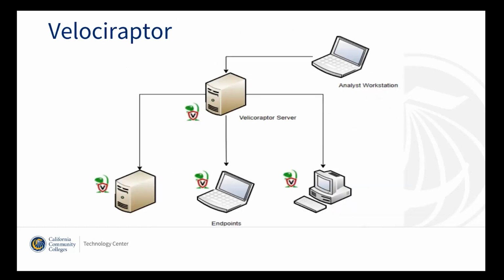So this is how Velociraptor looks. It basically has an agent architecture. The nice thing about Velociraptor is there's one agent, which is both the server and the agent. You configure one of the endpoints as a server, and the other endpoints as agents, and then you can deploy it as an MSI package using group policy or Intune.